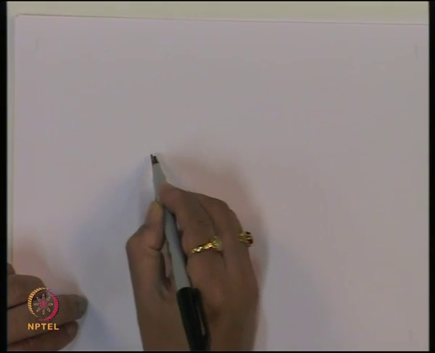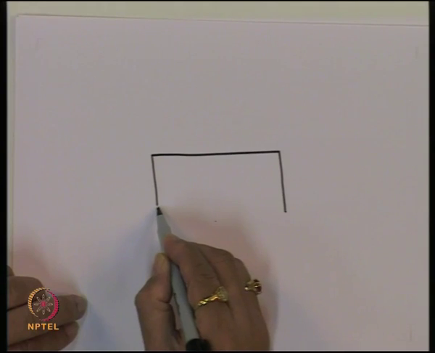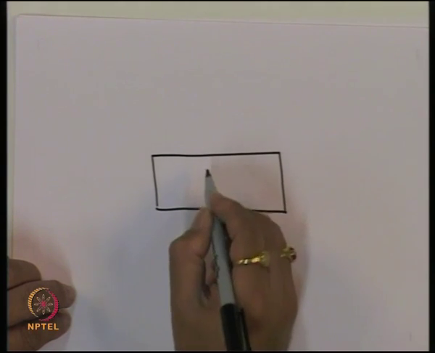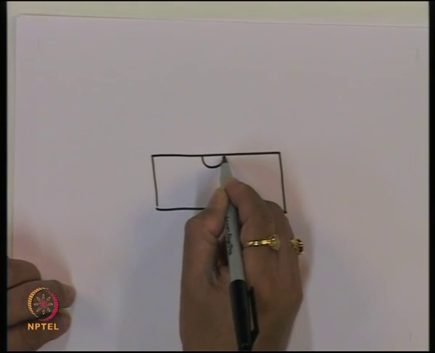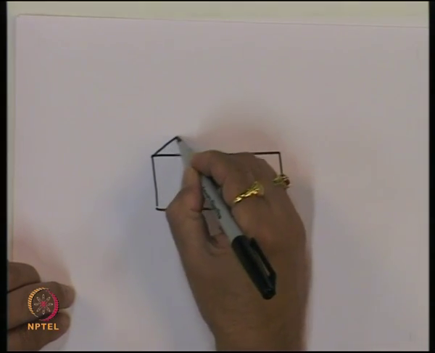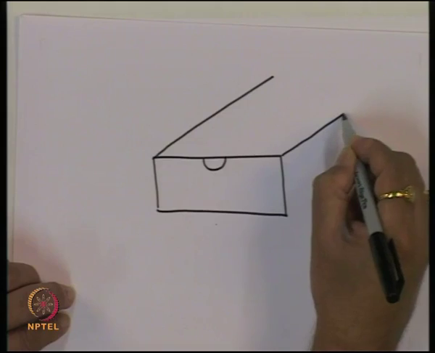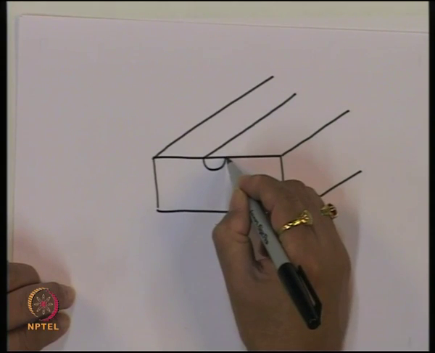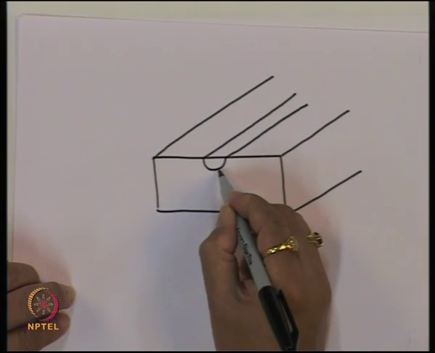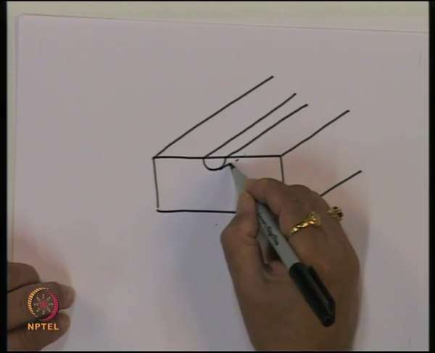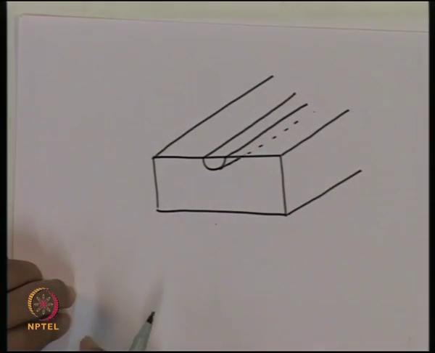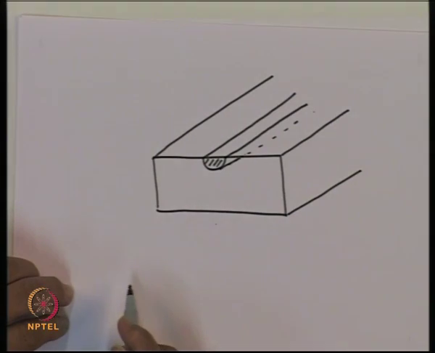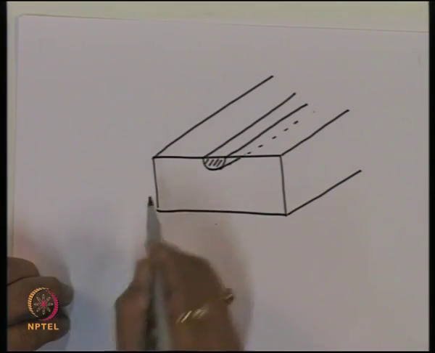If you have a lithium niobate substrate like this, by doing some ion implantation or something similar, we can dope it. Looking in three dimensions, we have essentially created a semi-cylindrical kind of structure, where the refractive index of this region along the length is relatively higher compared to the refractive index of the substrate.